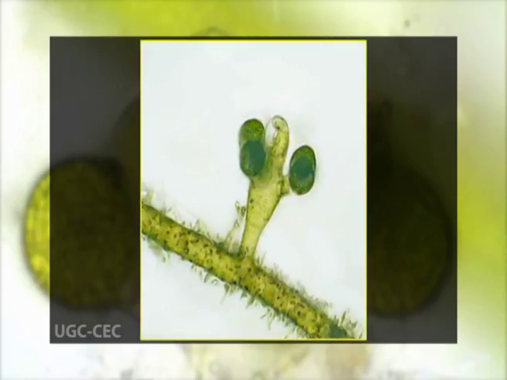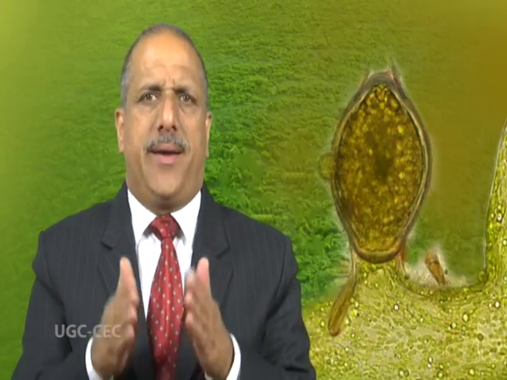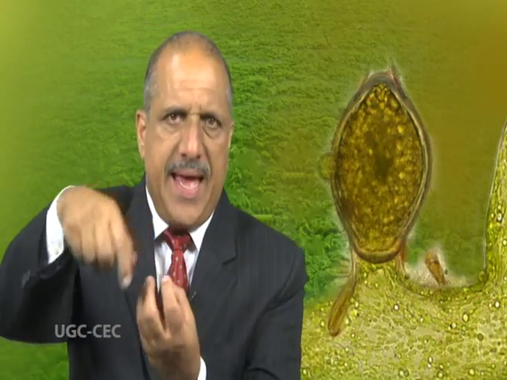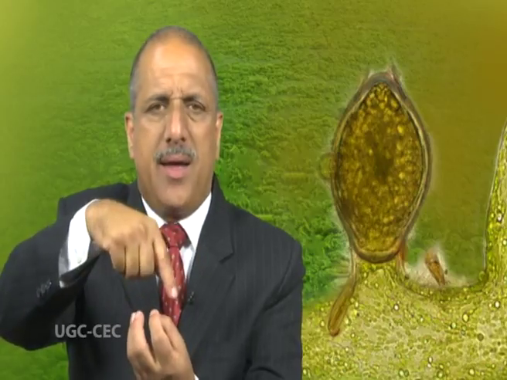For example, in Vaucheria geminata, you will see a central stalked antheridium surrounded by 3 or 4 oogonia. In Vaucheria gardneri, each antheridium has many oogonia at its base.